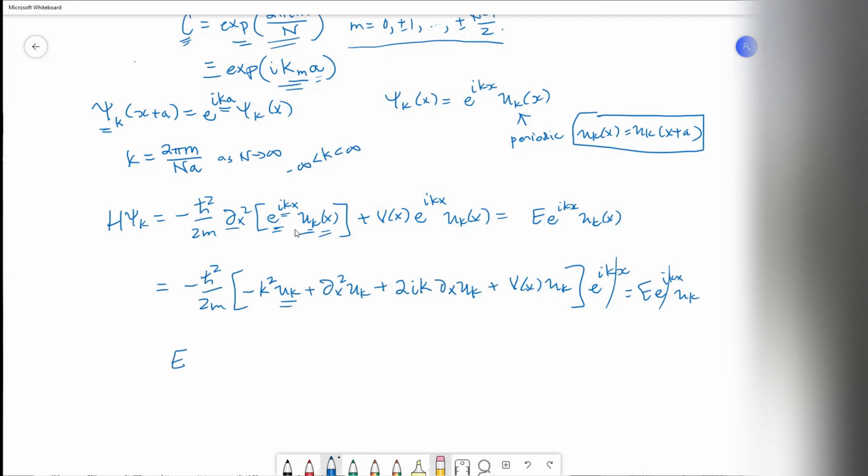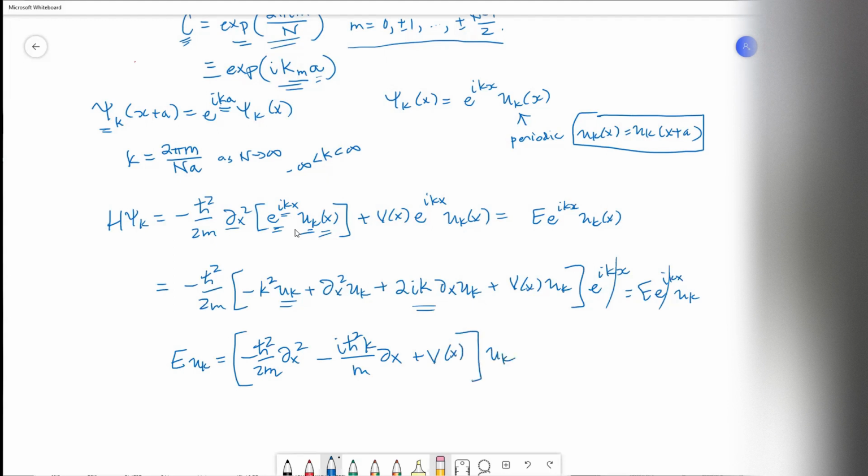Let me rewrite it, I guess. E u_k is equal to minus h bar squared over 2m, 2 derivatives with respect to x, minus i h bar squared k over m, 1 derivative, that's the cross term. And then you have the potential, V of x, and then you've got the u_k.